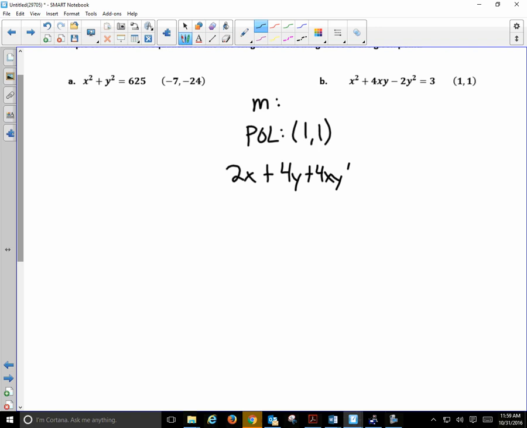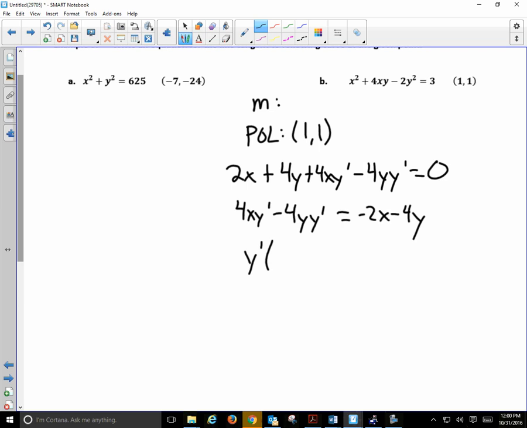Minus 4y prime equals 0. 4xy prime minus 4yy prime equals negative 2x minus 4y.